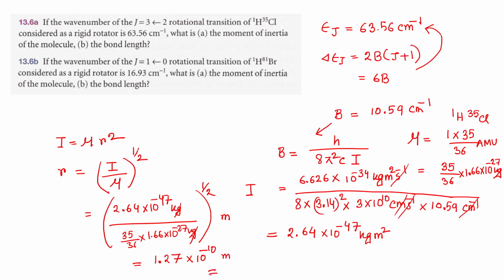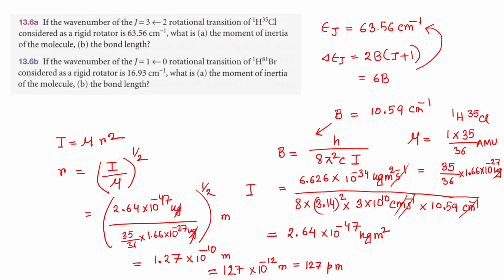Actually, if I write it like that, 127 into 10 to the power minus 12 meter, this is 127 picometer. So you can always play with the unit depending on what unit they want. If it is in angstrom, then the bond length is 1.27 angstrom.